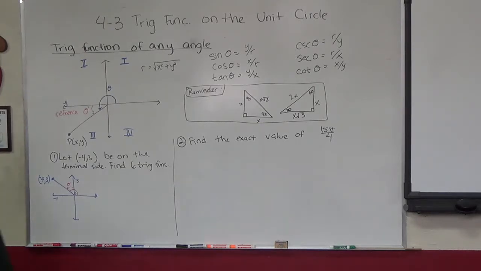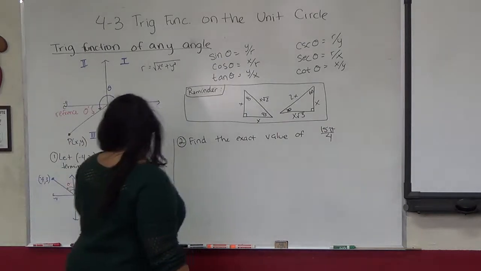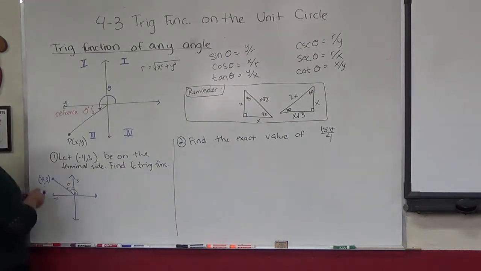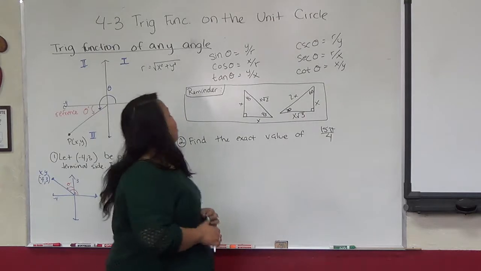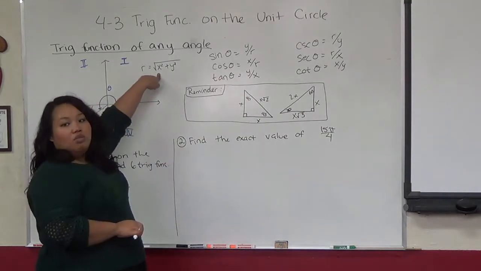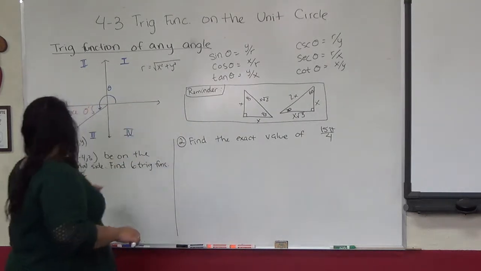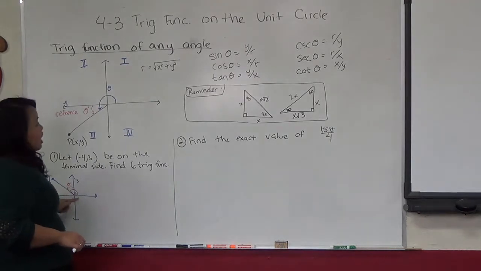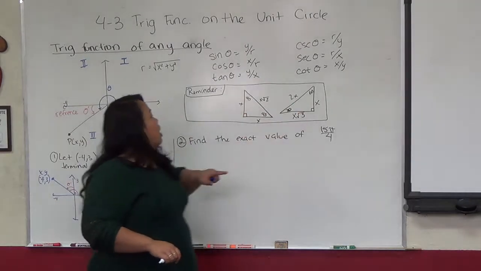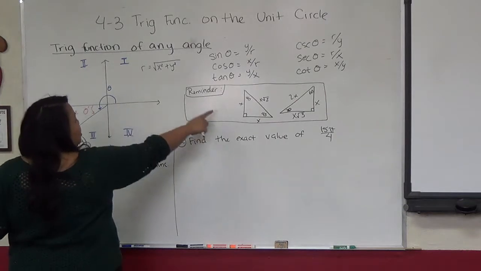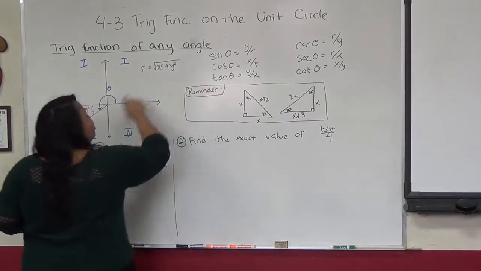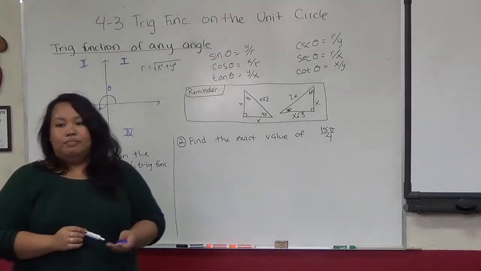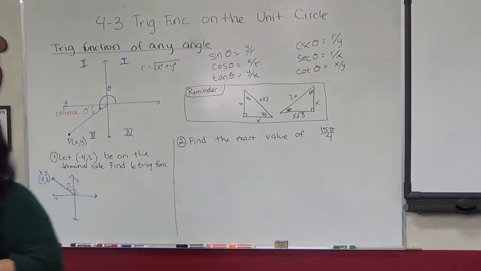So, once you find this point, this is my x, and this is my y. And now you have your 6 trig functions according to x and y, and your r, right? The reason why we apply any angle is because then we can use these special triangles to get this ratio. And these special triangles are what kind of triangles? Right triangles, so then I can use the Pythagorean Theorem. Okay?